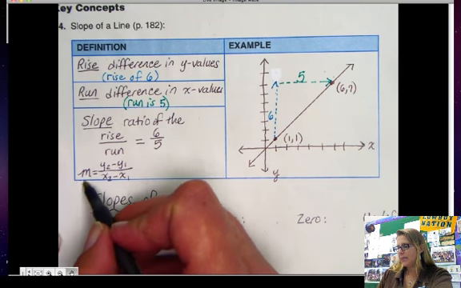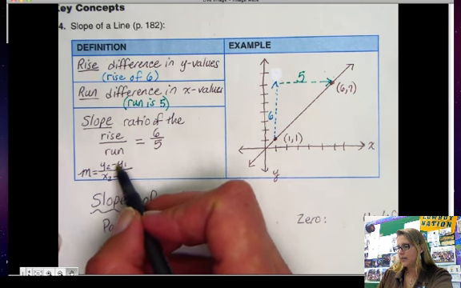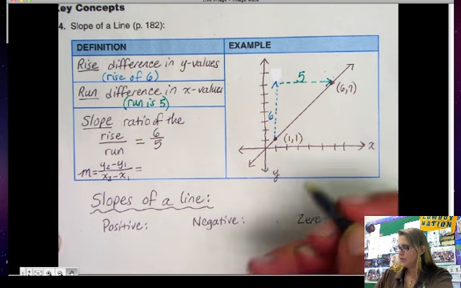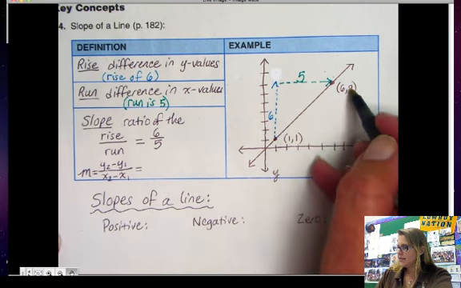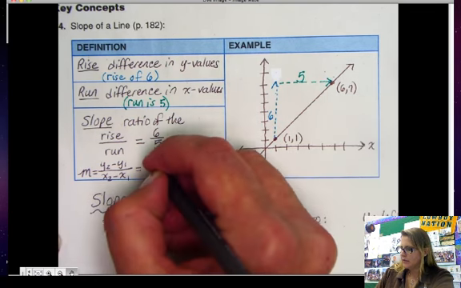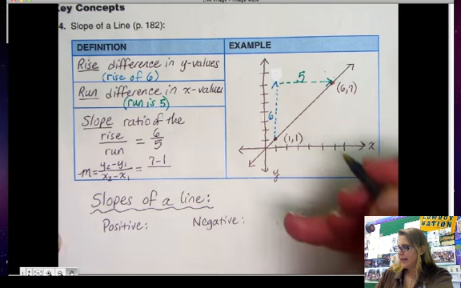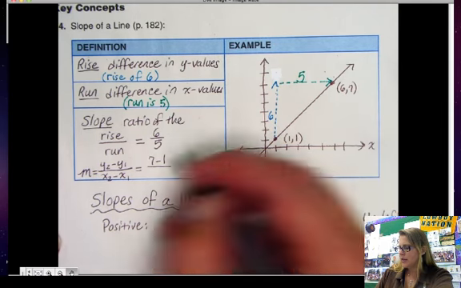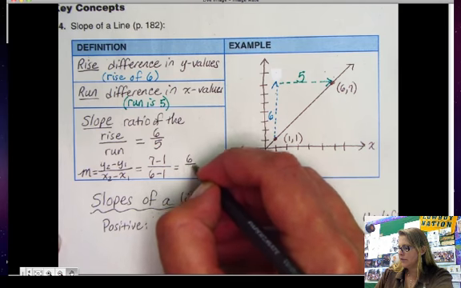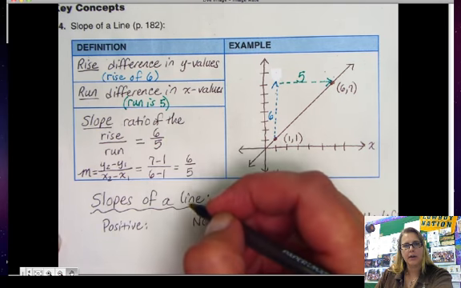So m equals y2 minus y1 over x2 minus x1. Let's figure that out. My y's are 7 and 1, so I'm going to go 7 minus 1, over my x's, which are 6 and 1, so 6 minus 1. And that gives me 6 over 5, which is what I got up here.